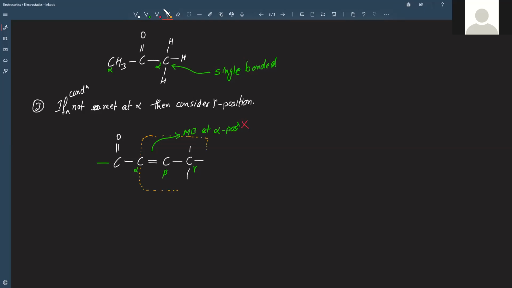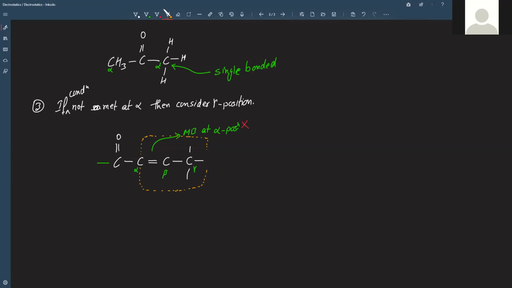And this part is what was there in the beginning. That is the carbon having a double bond with some electronegative atom. So this C double bond O is electronegative, and that electronegative is having a multiple bond with this carbon, which is right now showing itself as beta, but then it will become the functional group, and after that there is a carbon. So this carbon which is at gamma position will actually be alpha for this group.